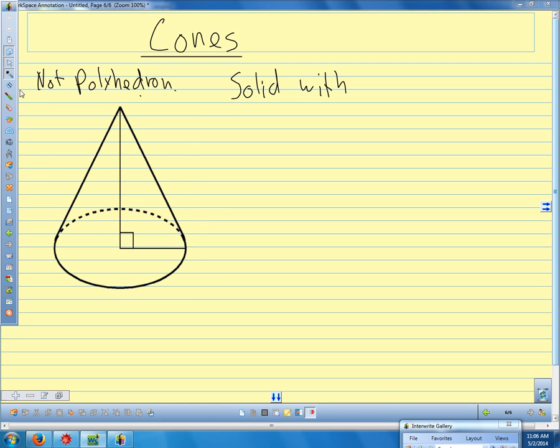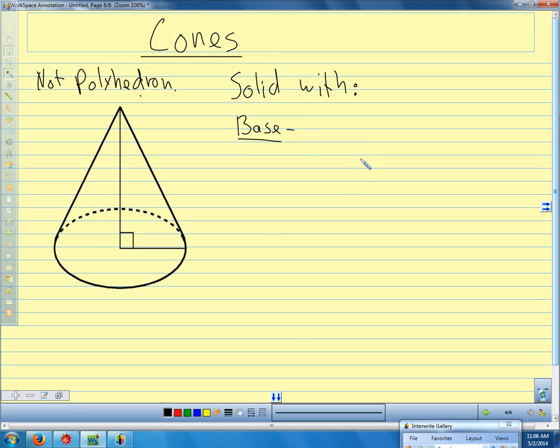Just a touch bigger. So our solid with a base. What's the base of a cone? We just said it. Circle. The base is a circle.